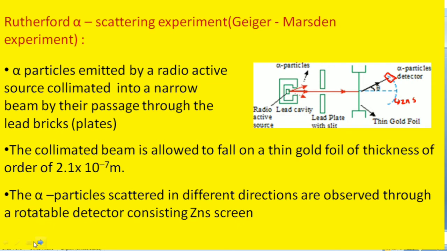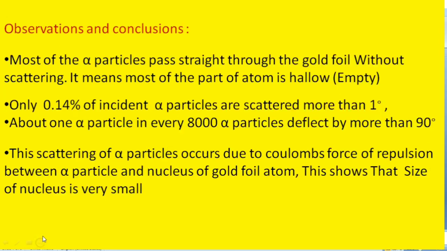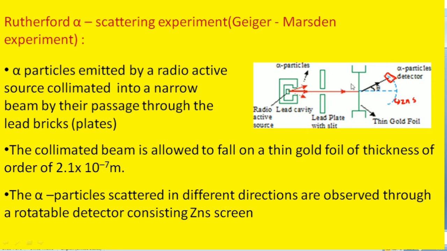Now let us see what the conclusions are. What are the observations? The first observation is that most of the alpha particles pass straight through the gold foil without any deviation.